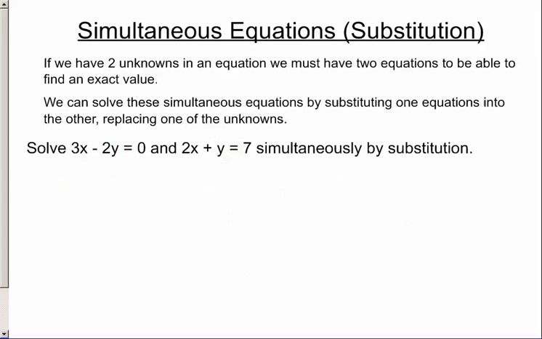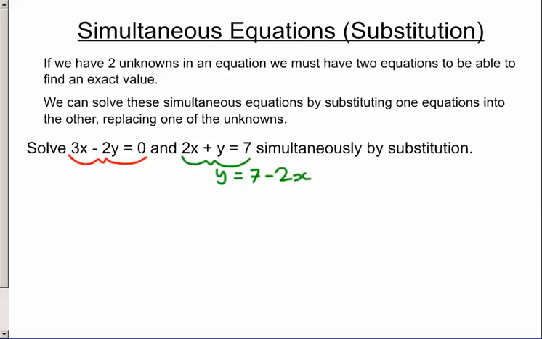A second example. Now this one we're not given an equation that's y equals, but we are still given two equations. And the first thing we need to do is to make one of the equations y equals. So we're going to do that to the second one because we have just a single y. And we're going to write that as y equals 7 minus 2x.